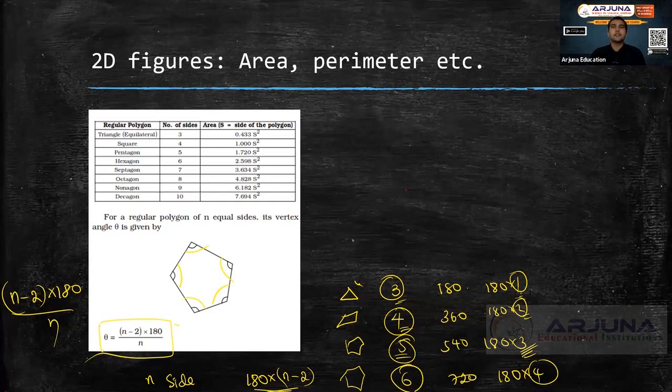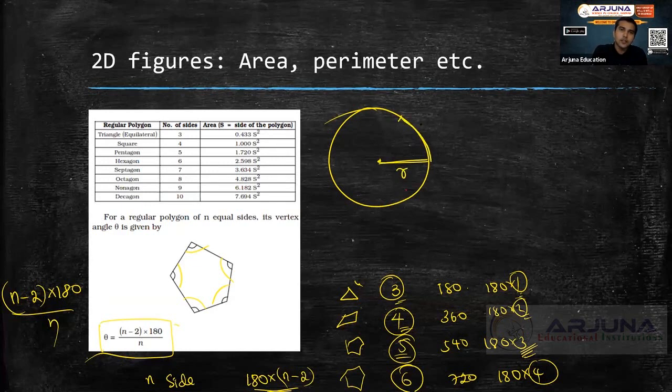The degree system is like, you cut it into 360 parts: 90 degrees, 180 degrees, 270 degrees, 360 degrees. That is the degree system. What is a radian? You have a circle, and the radius of the circle is r, and the same radius length you walk along the circumference. So what is this length? The length of the arc should be r.